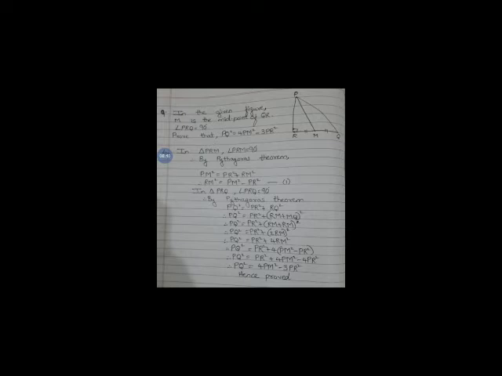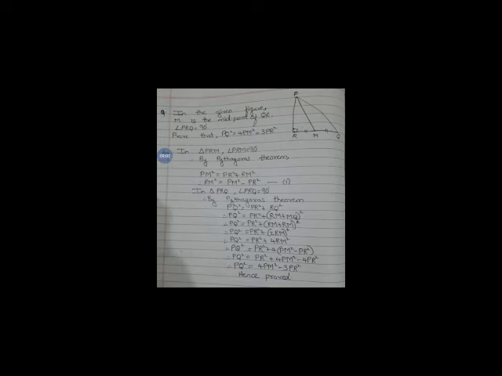Now see, instead of RM square, I'll write RM square is equal to PM square minus PR square from equation number 1. So I'll get the values as, therefore PQ square is equal to PR square plus, instead of RM square, I have written PM square minus PR square from equation number 1.